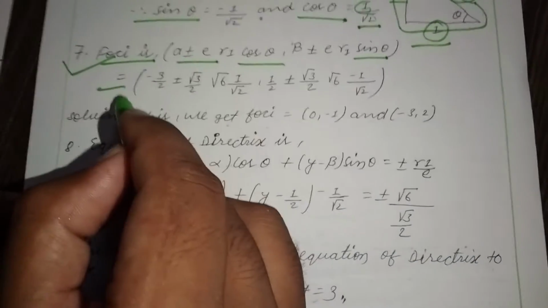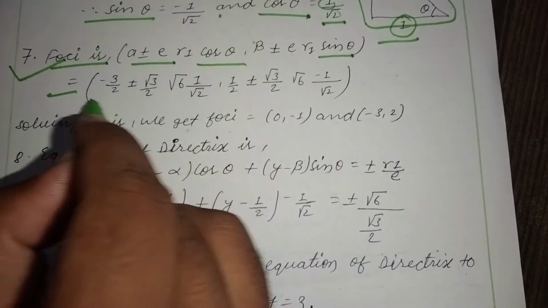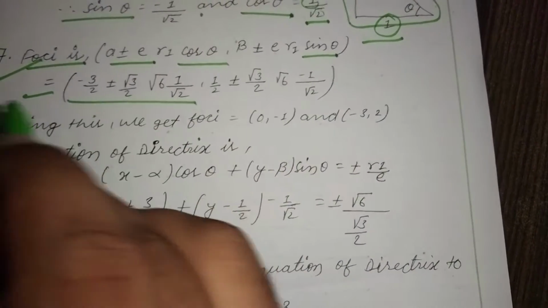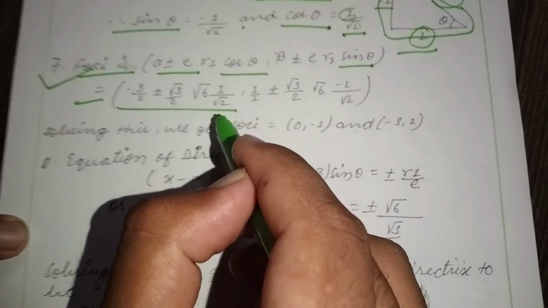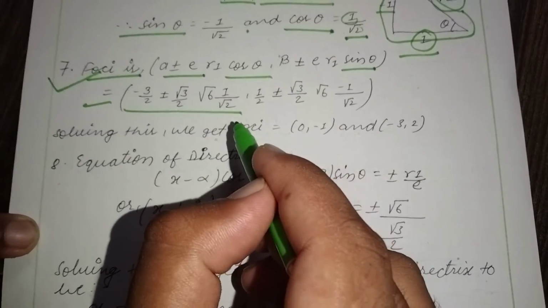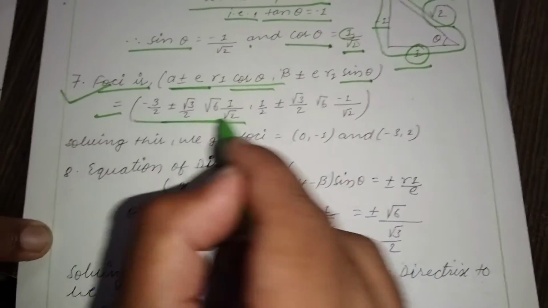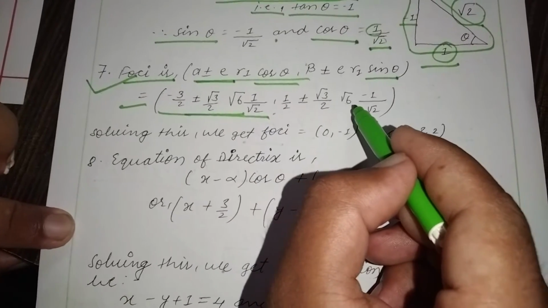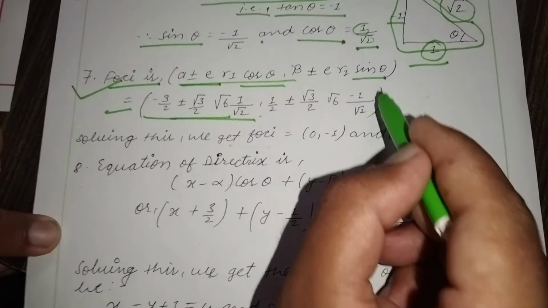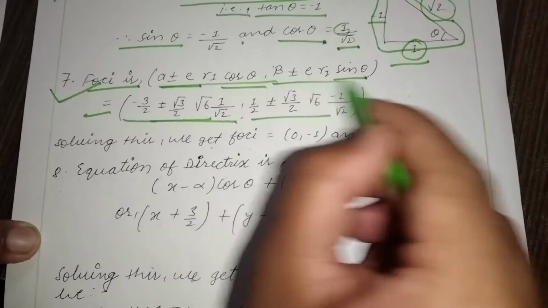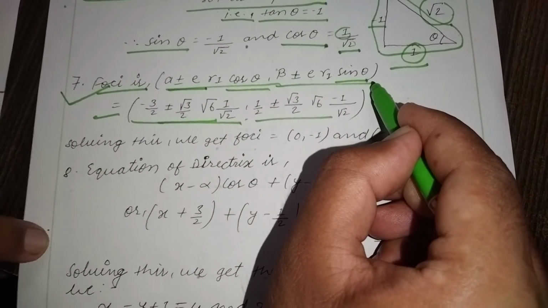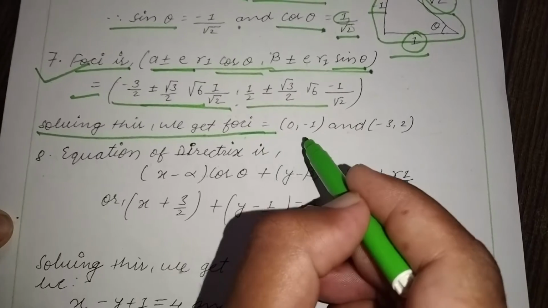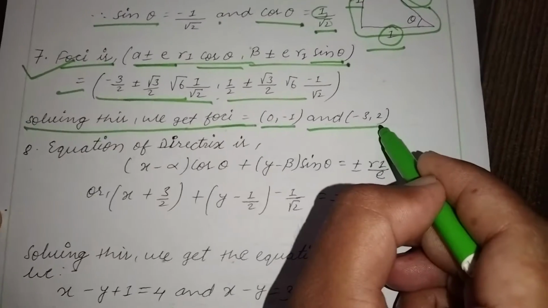Now putting the above values here: (−3/2 ± (√3/2)(√6)(1/√2), 1/2 ± (√3/2)(√6)(−1/√2)). Solving this, we get the foci as (0, −1) and (−3, 2).